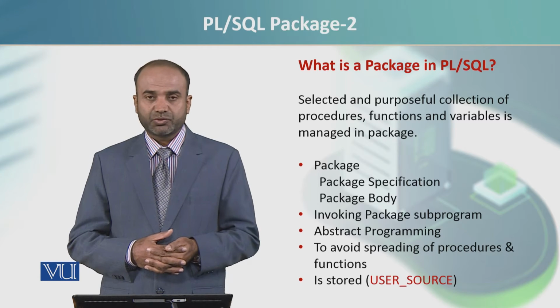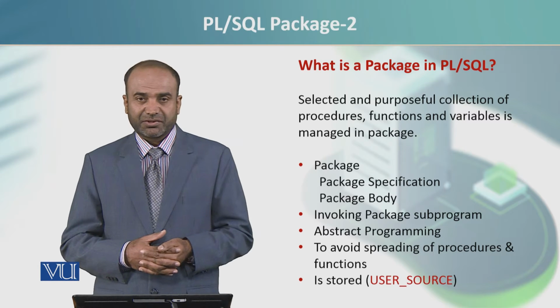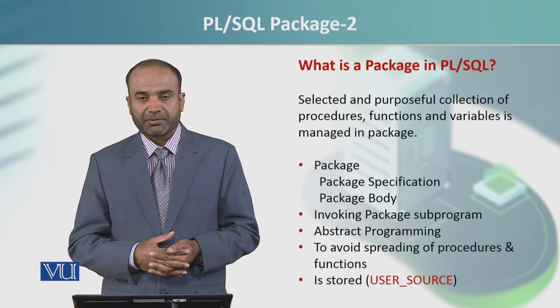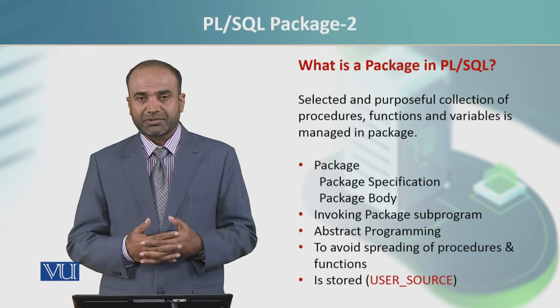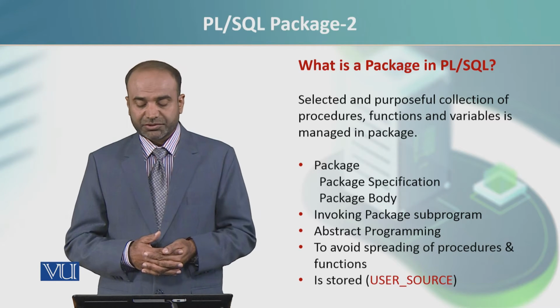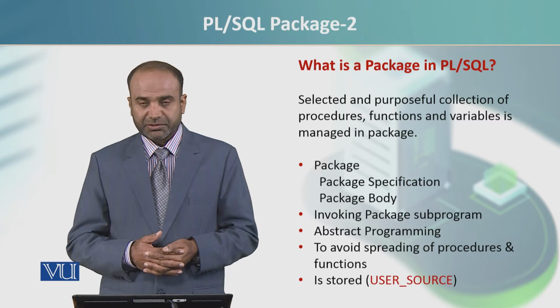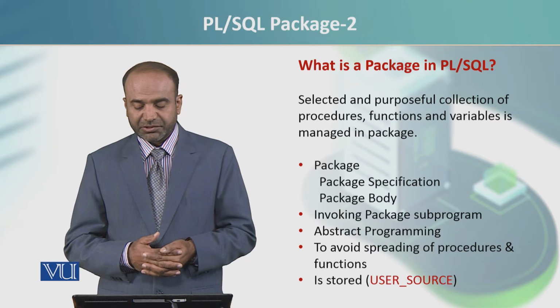So a package has two portions. One is called the specification. The other one is called the body of the package. Then we can say invoking a package or some of its subprograms, how to call them and how to execute them. Abstract programming is a concept which is part of the package, and it avoids spreading of procedures and functions.